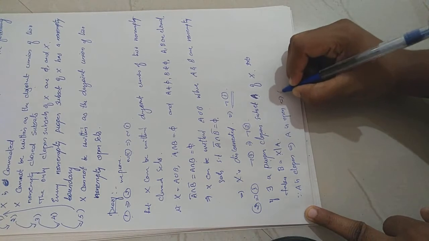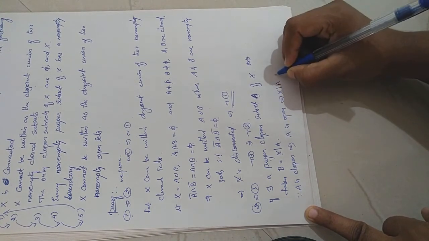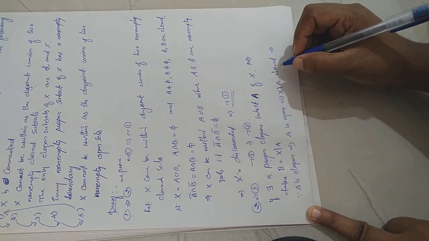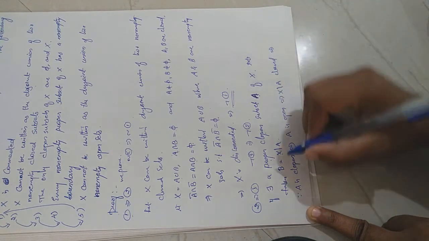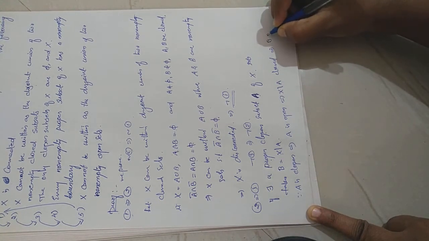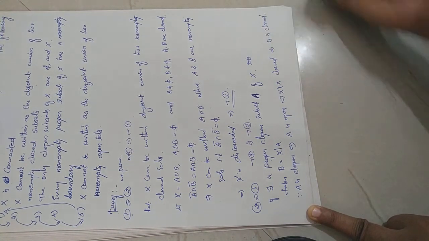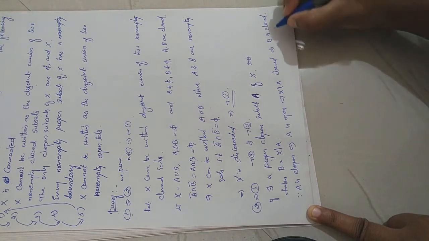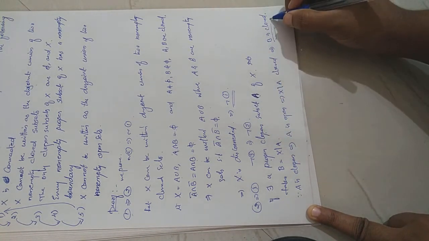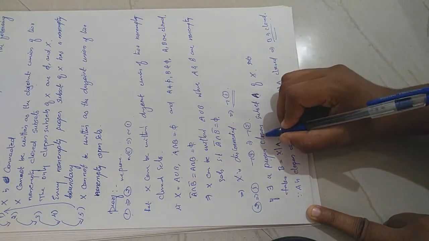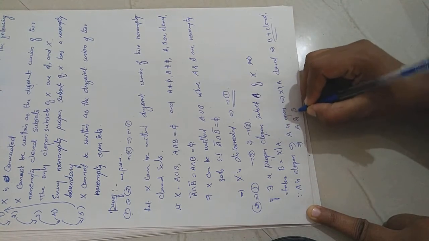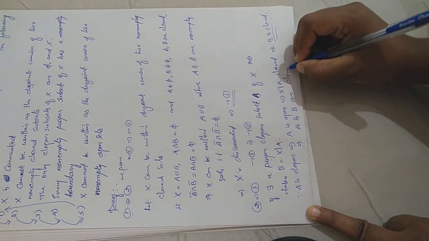When A is open, X minus A will be closed. Its complement will be closed. What is X minus A? It is B, right? Which means B is closed. So we get A is also a closed set and B is also a closed set. Since A is clopen, it can be considered as closed also, which implies A and B are closed sets.